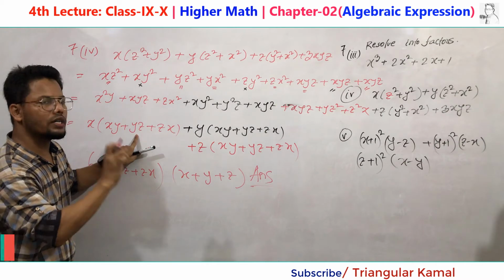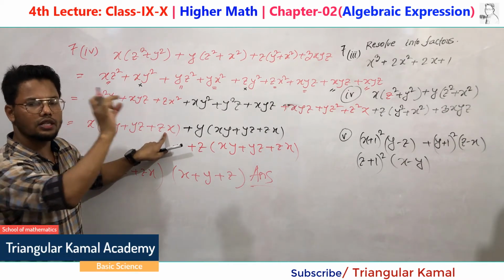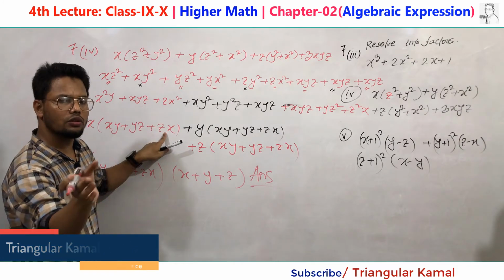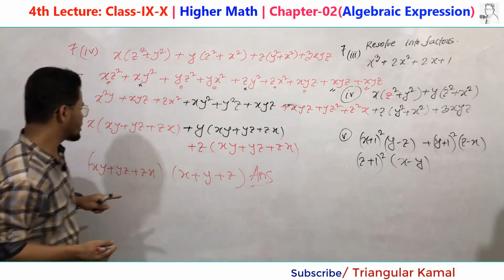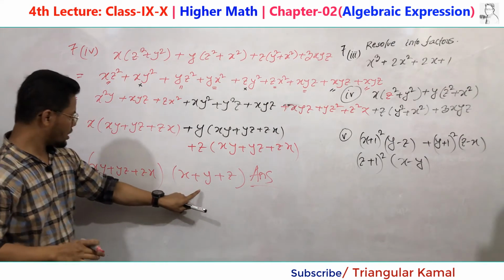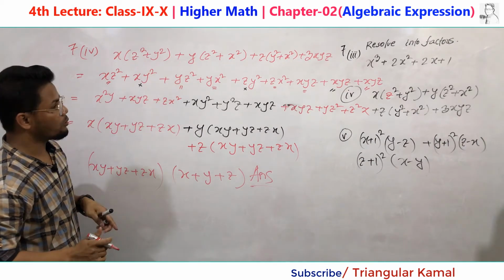Then take common yz, this one will be x plus y plus z. Then another one will be zx, then inside the bracket this one will be x plus y plus z. So you can also do this one like this method. So we are arranging all data. Finally we get here the two factors, and these are actually the factors of number 4.